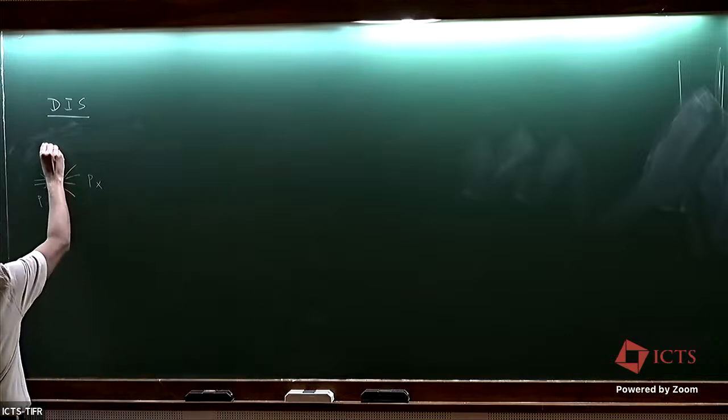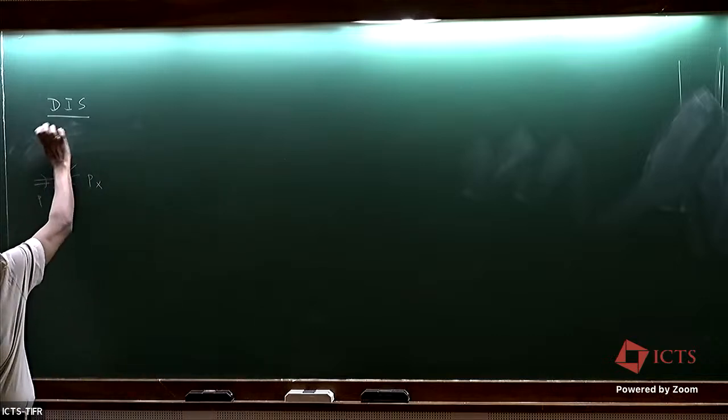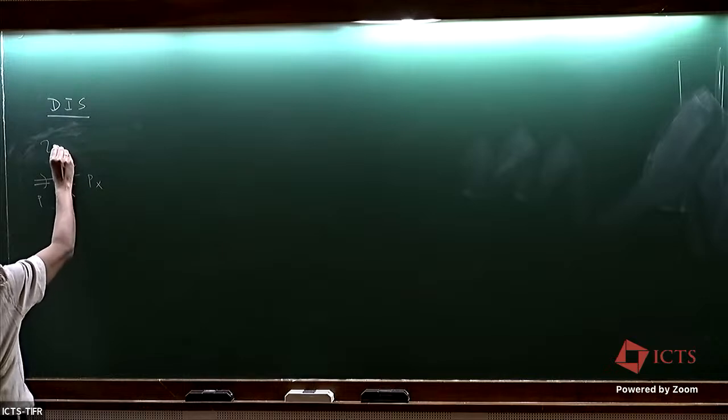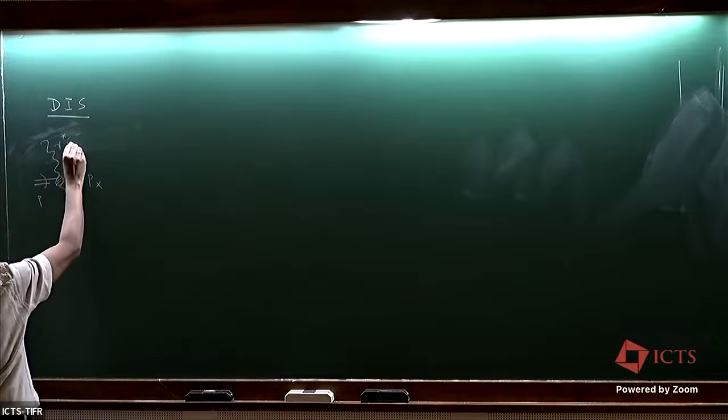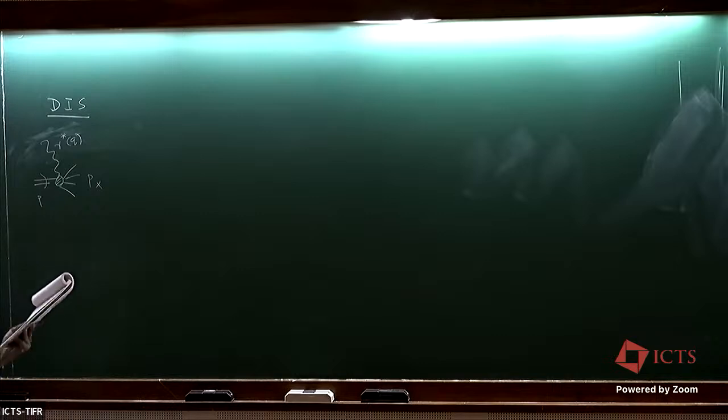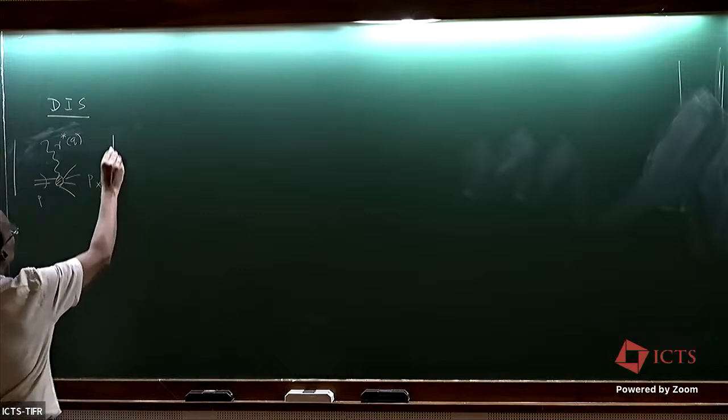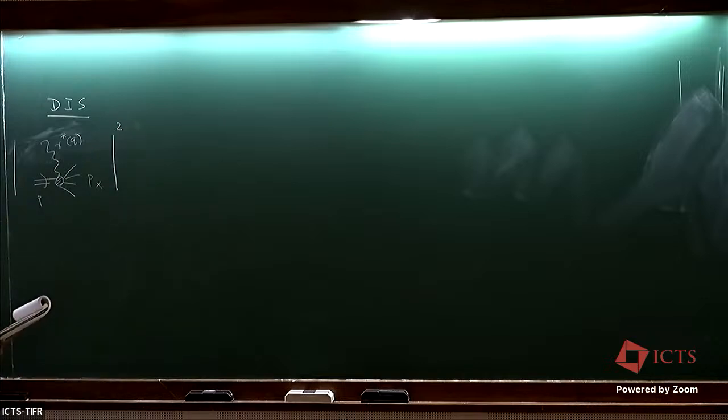I don't mind, because that was only an overall factor. Call this gamma star with Q. This is the process I'm looking at. The cross section is proportional to this.